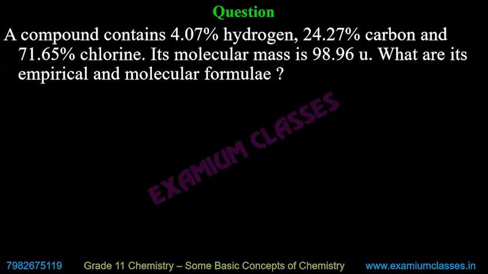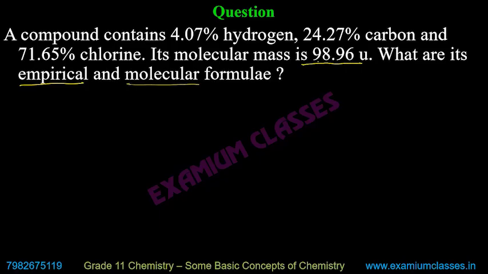Next question. In this question, the molecular formula mass is again given, and you are asked for the empirical and molecular formula. Percentages are given, and first check whether they add up to approximately 100. It should be 100, only then you consider only these 3 elements, otherwise you consider the remainder as oxygen.